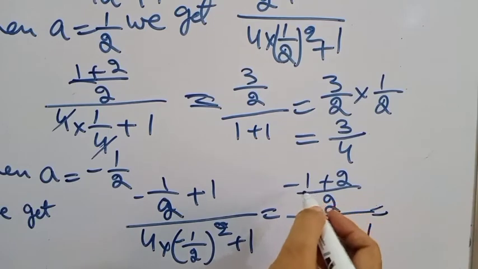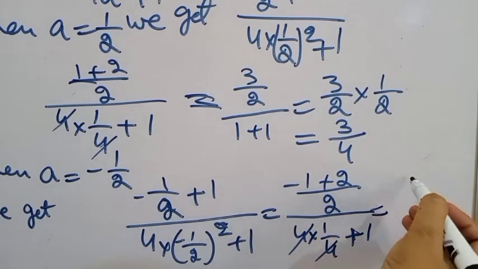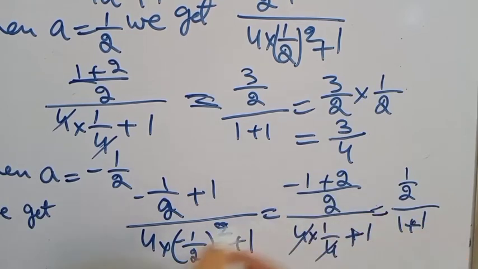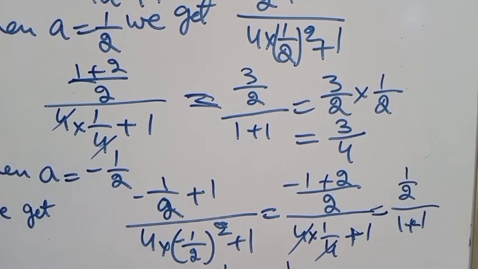And we have minus 1 plus 2, 1 by 2 divided by 1 plus 1. So we have 1 by 2 into 1 by 2 equal to 1 by 4.